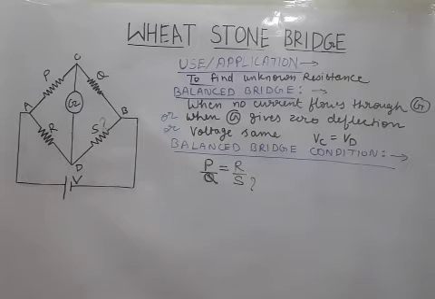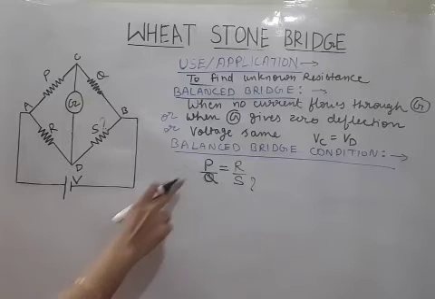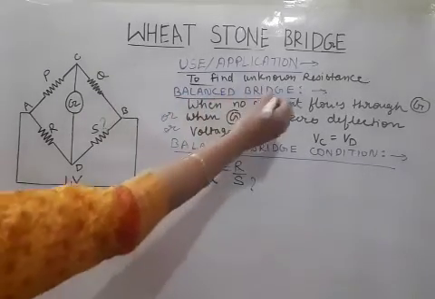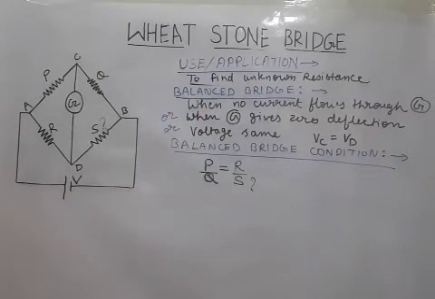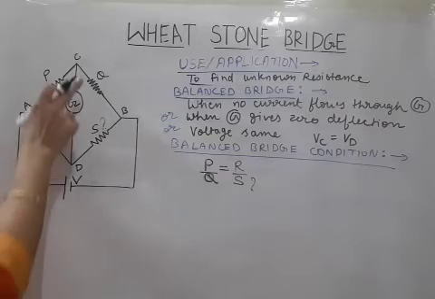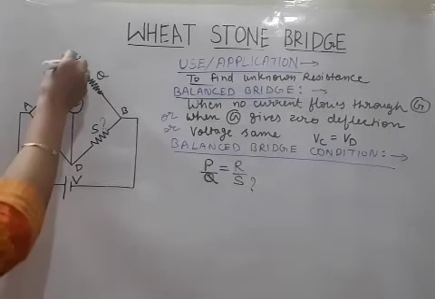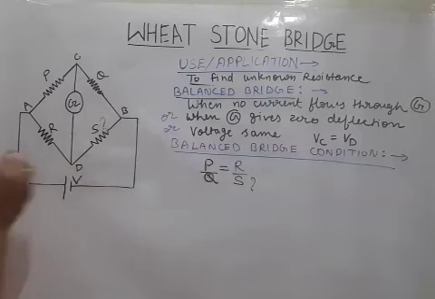But students, you have to pay attention here that first of all, for applying this equation, the bridge should be balanced. Now, what is the meaning of balanced bridge? Let us understand. This is called a bridge, and balanced means in the branch CD, there should not be any current flowing.